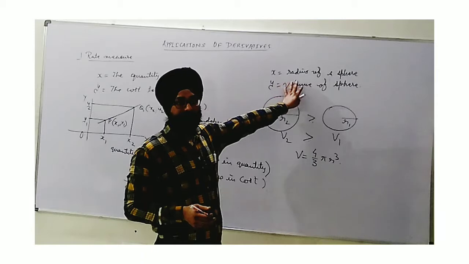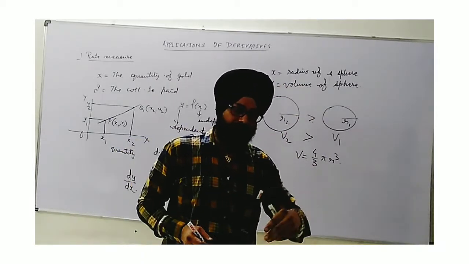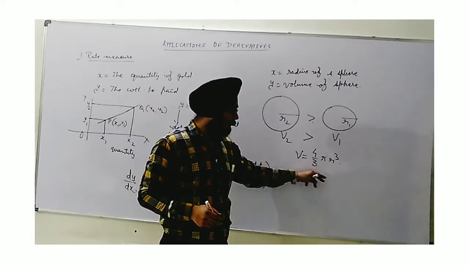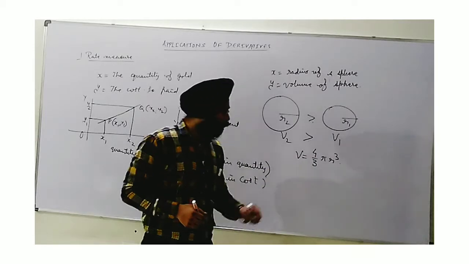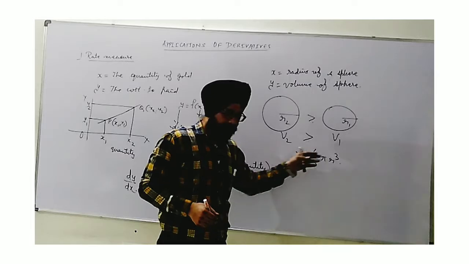And whenever we discuss a sphere, cylinder, or any other plane or solid figure, you will find that if these two quantities are related, then they will be related using an equation, a formula actually. So every time we need to use such formulae to show their relation.